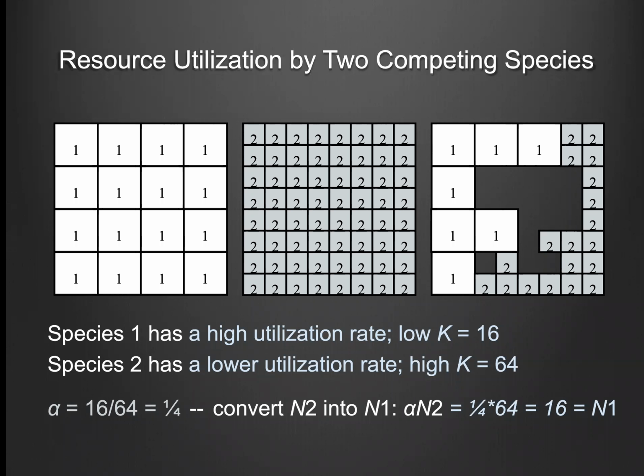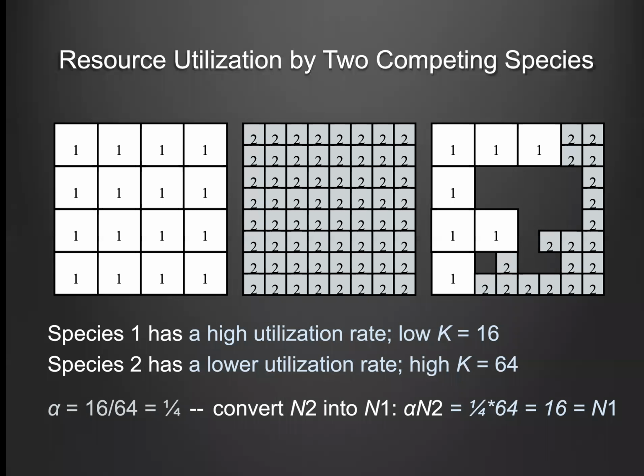And does that make sense? Because if they need less food, then more of them can coexist on the same pool of limiting resources, right? I like this because it's a visual representation of resource space.